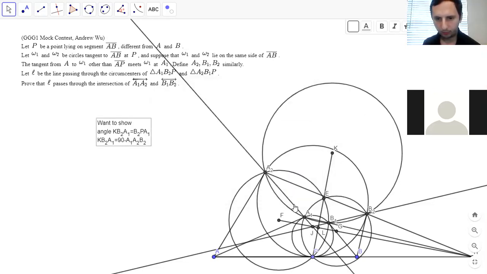So okay, we want to show A1 A2 B2 plus B2 P A1 is 90, right? Yeah. And we will do the angle chase. So A1 P B2 plus B2 PB plus A1 PA is 180, right?